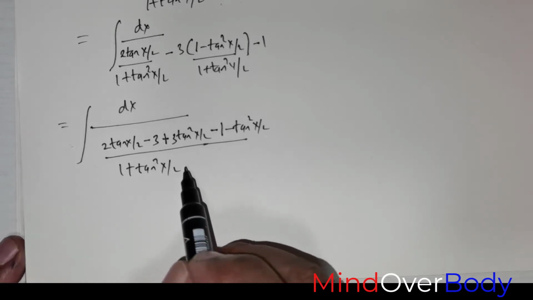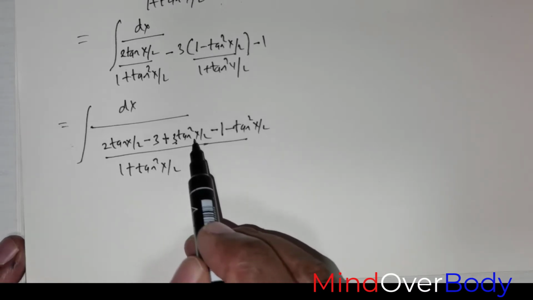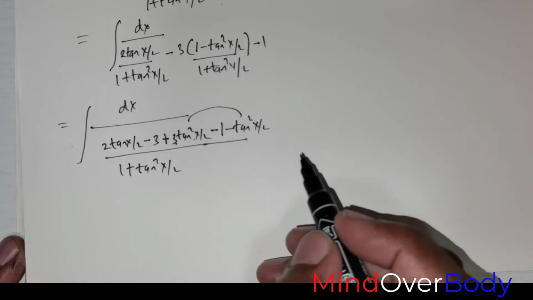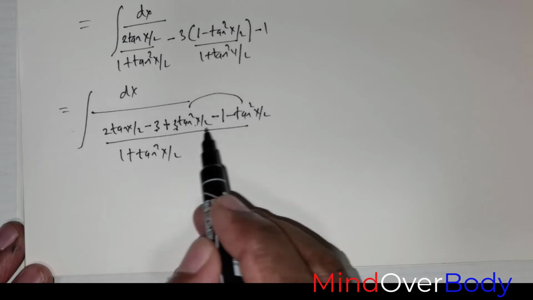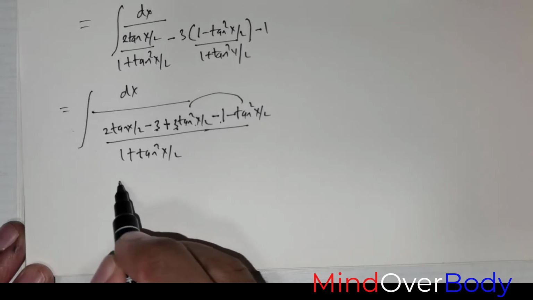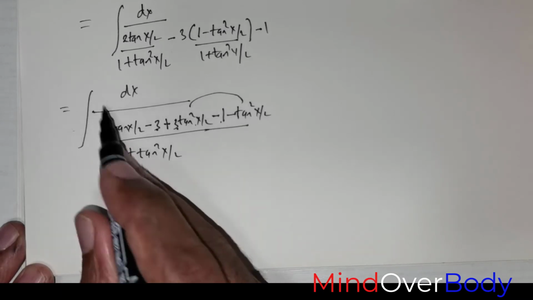Now what I can do is add 3 times tan²(x/2) with −tan²(x/2), and −3 with −1. So if I were to flip this, it will go to the numerator.